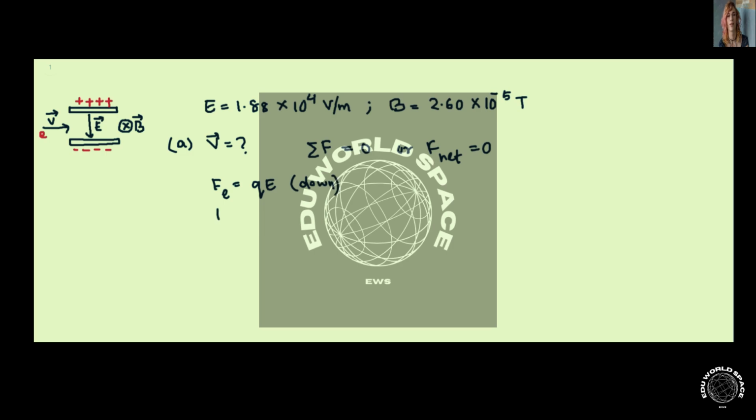And also we have the magnetic force, which comes from the magnetic field, and this is given by Q times the cross product of V and B. Here the velocity and the magnetic field are perpendicular, and by the right hand rule this will be up, or opposite to the electric field.